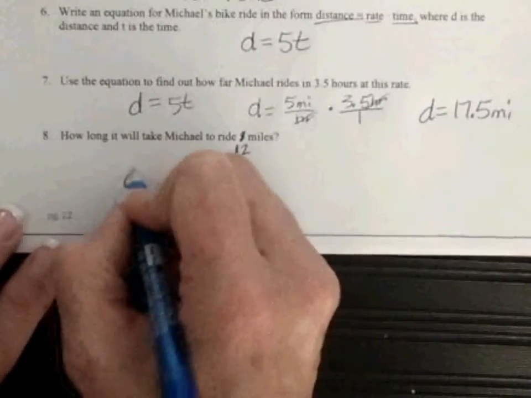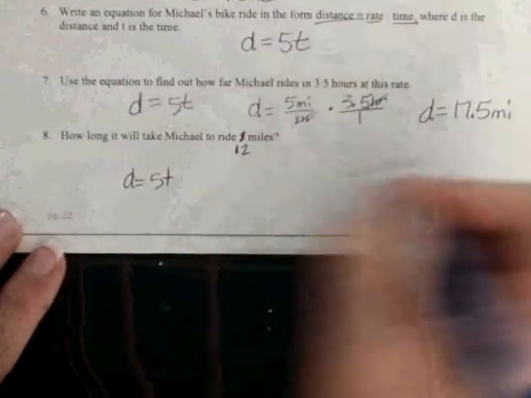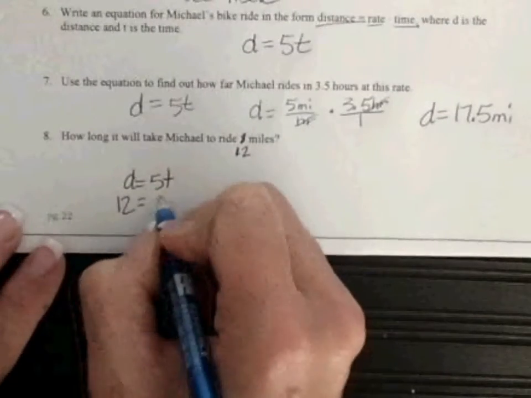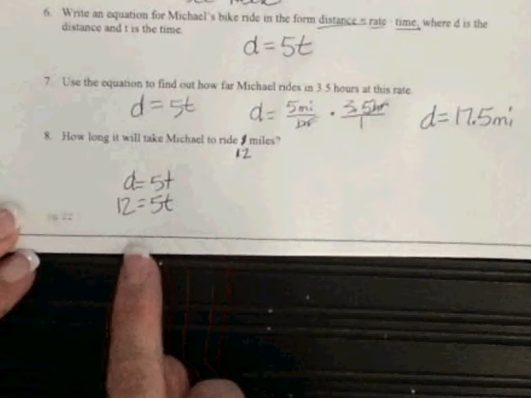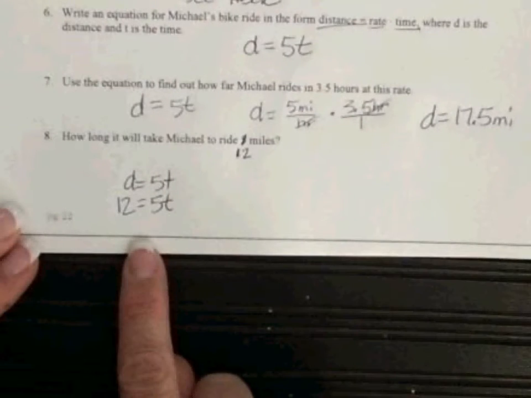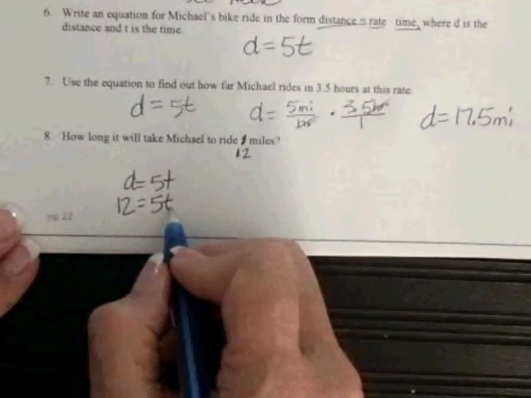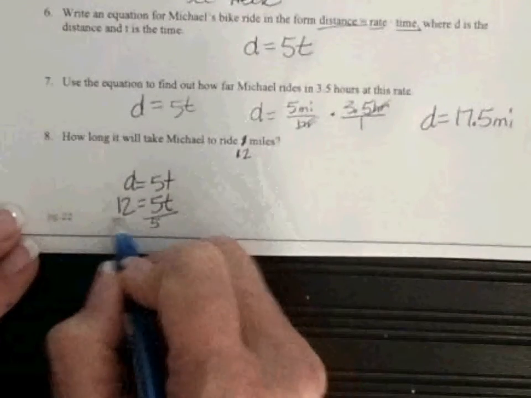So if we use our equation where D equals 5T, we're going to put 12 in for D because that's our distance. Now I want y'all to look at this equation. What is this? Have we solved similar to this last unit? This is just a one-step equation, right? And we're going to what? Divide. We want this T by itself.